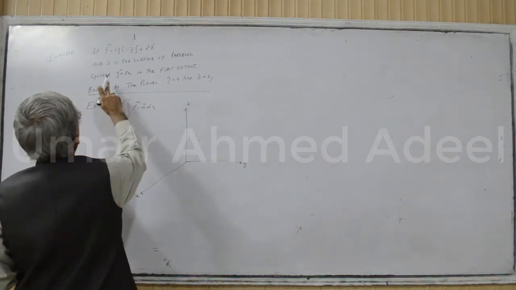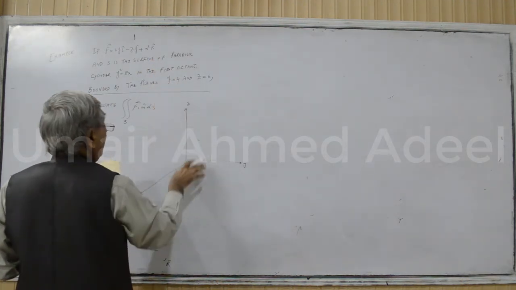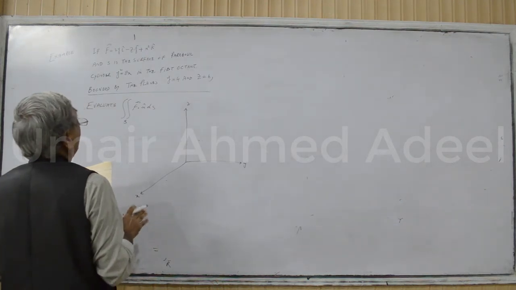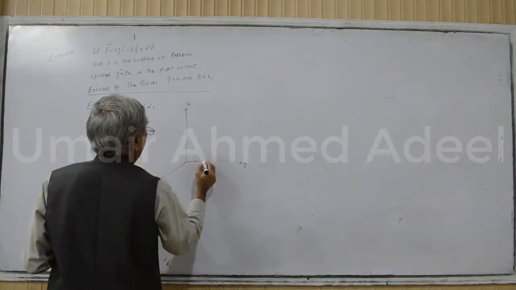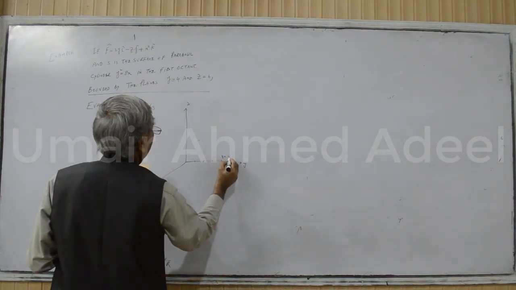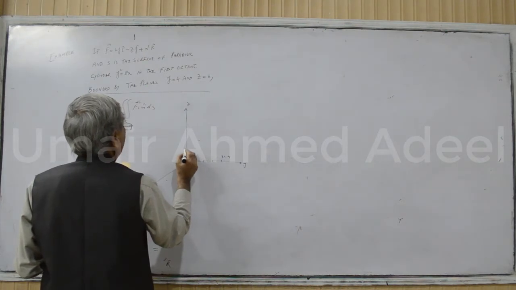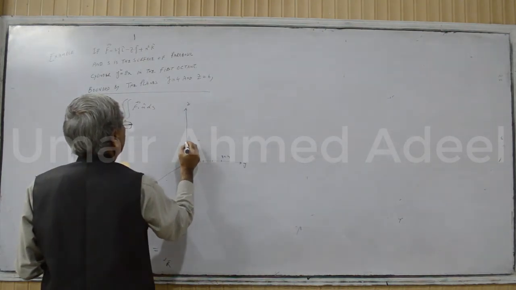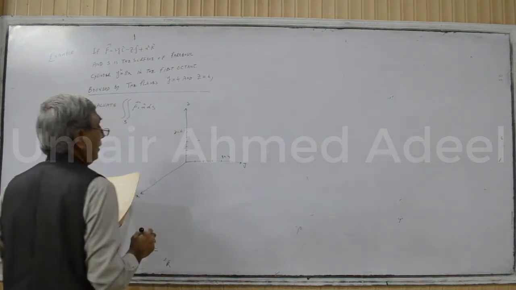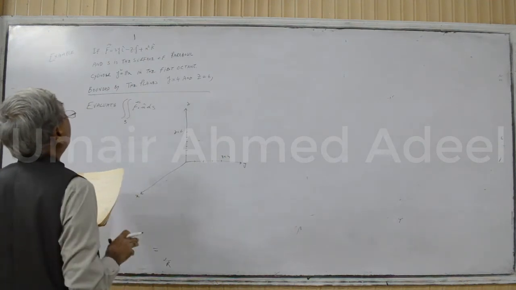First thing is that you are having a parabolic cylinder in the first octant. Y is equal to 4 means it cannot go beyond y is equal to 4 and it cannot go beyond z is equal to 6. So these are the boundaries of the parabolic cylinder which is situated in the first octant.